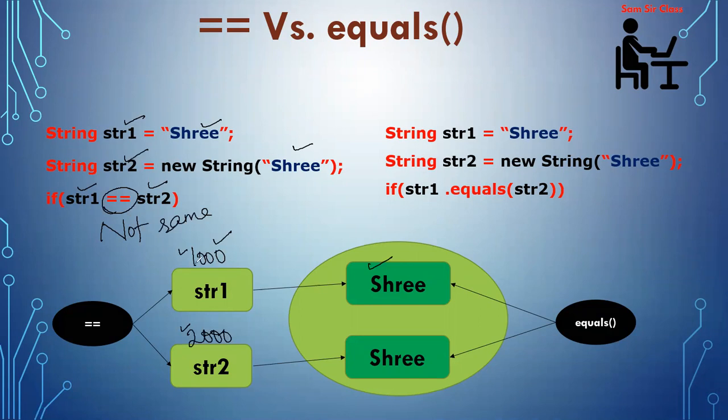Because the JVM compares the address of both strings, never the content. If you want to compare the contents of two different strings, you have to use the dot equals method. For the string object name dot equals, you pass one argument as the second string. The equals method will compare the contents of both strings, and it will give the output as equal, as you have provided the same value to both objects.